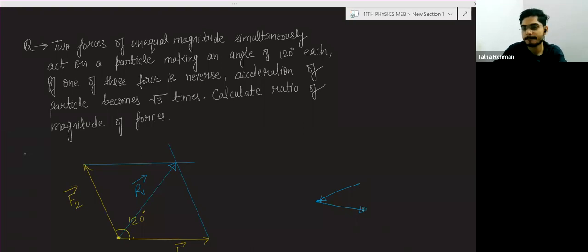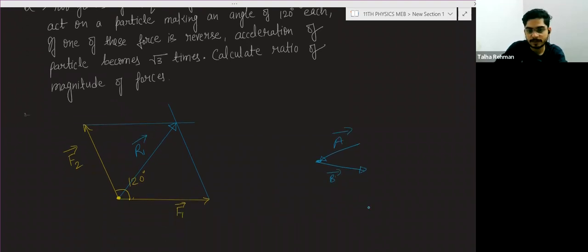Suppose this is your A vector, this is your B vector. According to the direction given, you will join by yourself. Because what we are doing now, we are just applying the parallelogram law.